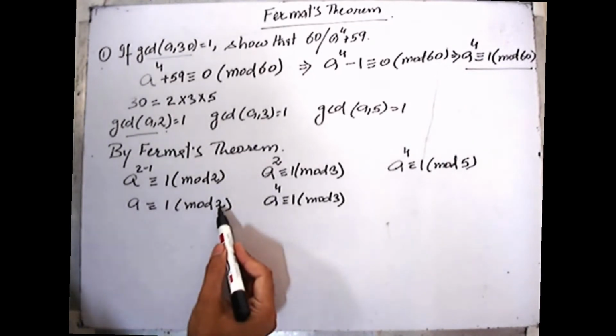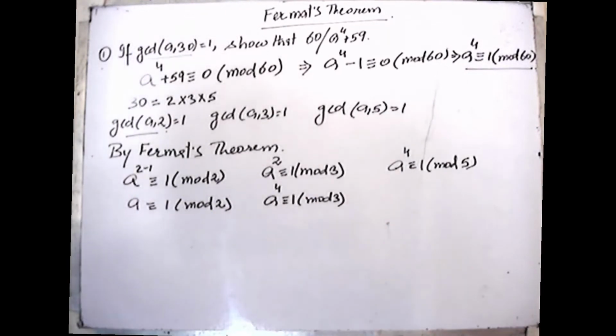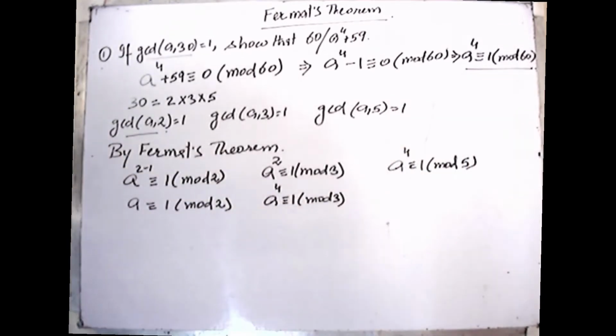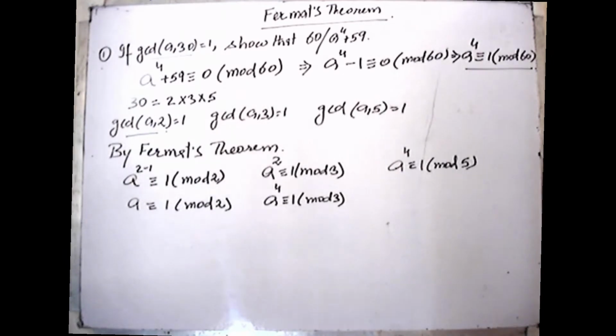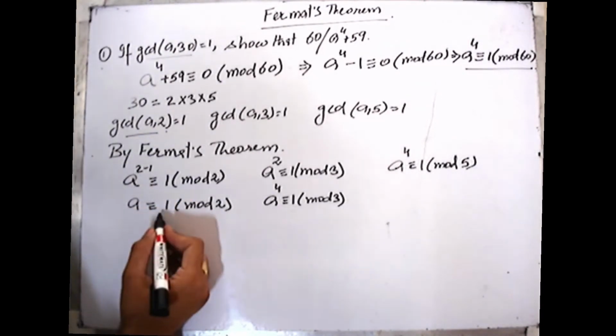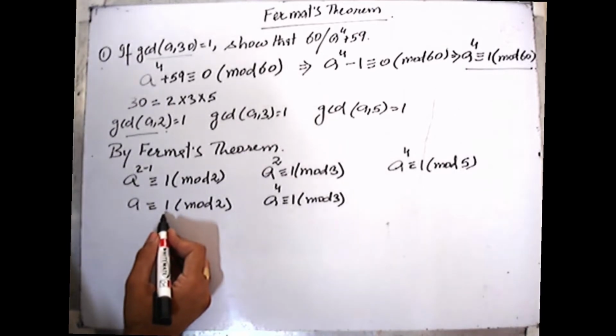And GCD of 2, 3 and 5 is 1, but when we multiply, we will get 30 only. But we need to prove this for 60, so we need 2 more multiples. For that, we will do simplification here.